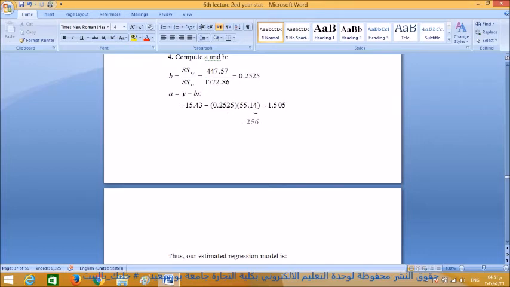Okay, so A equals 1.5 because A equals Y bar minus B X bar. Then Y bar equals 15.4, and as you see, B equals SSXY divided by SSXX, equals 0.2525, like this.